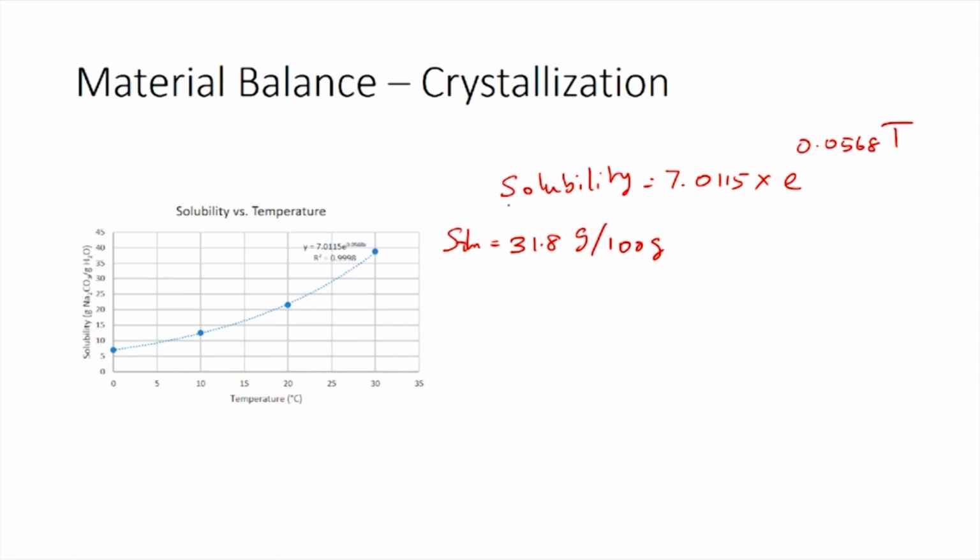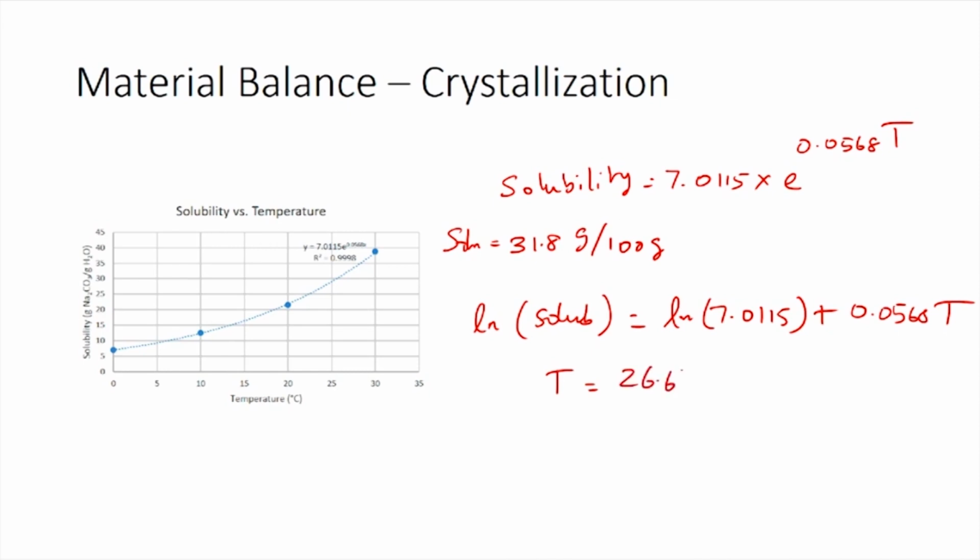Taking a logarithm on both sides, we get ln of solubility equals ln of 7.0115 plus 0.0568 T. Substituting the value for solubility here, we can calculate the temperature to be 26.6 degrees Celsius. By cooling the temperature of the stream entering at 30 degrees Celsius to 26.6 degrees Celsius, we can crystallize 3000 kilograms of Na2CO3 10H2O crystals.